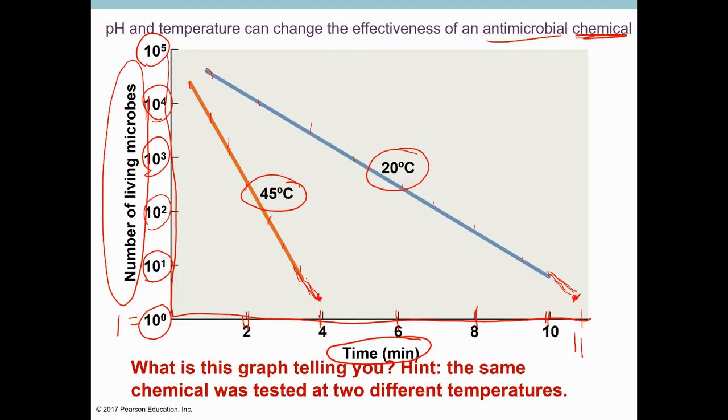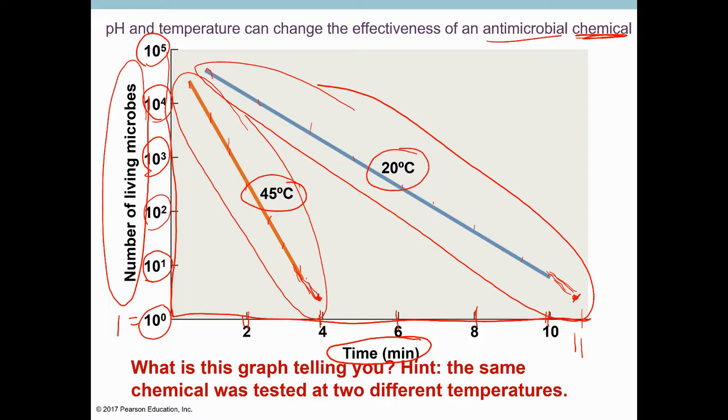So what that's telling you is the same chemical works more quickly at 45 degrees in killing the microbes, and works more slowly at 20 degrees. So temperature changes the effectiveness, how quickly it can kill.